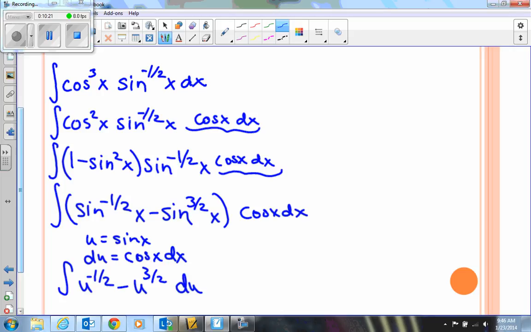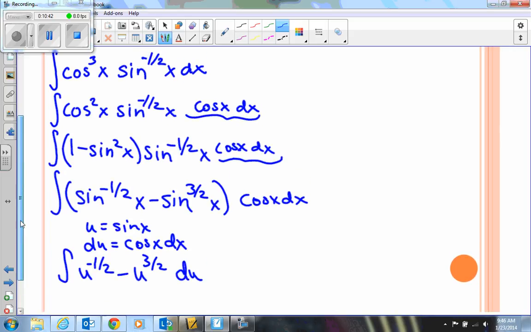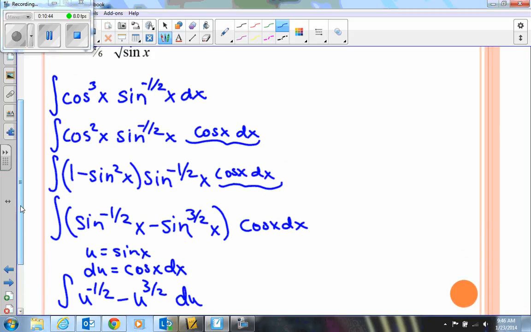Okay, so that's not there. So u equals sine x. Cosine x dx. Oh, no.